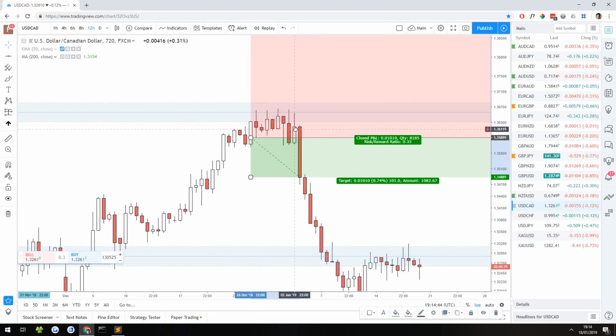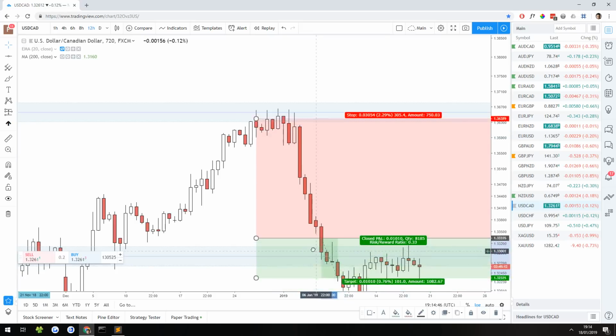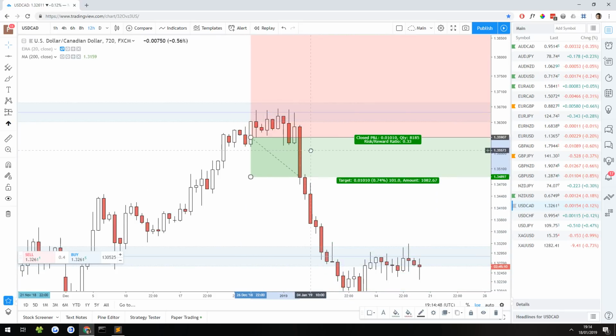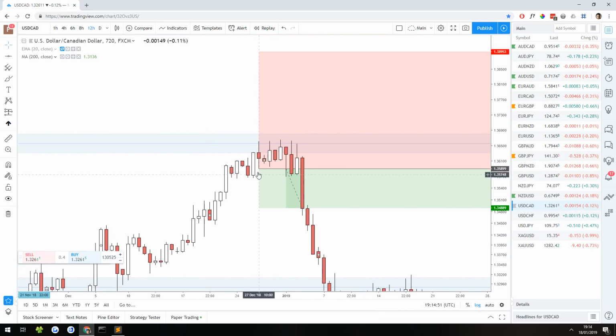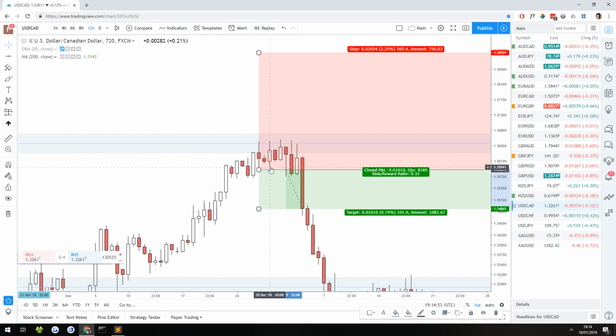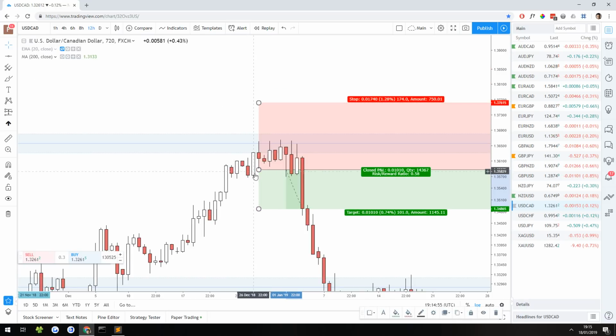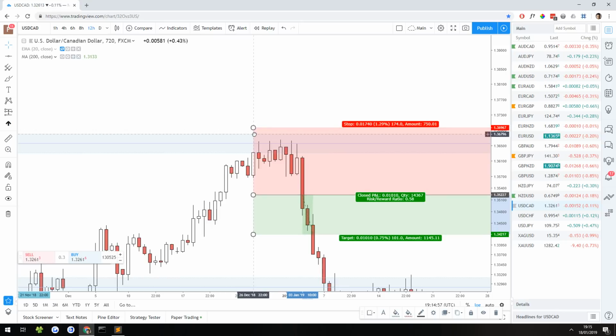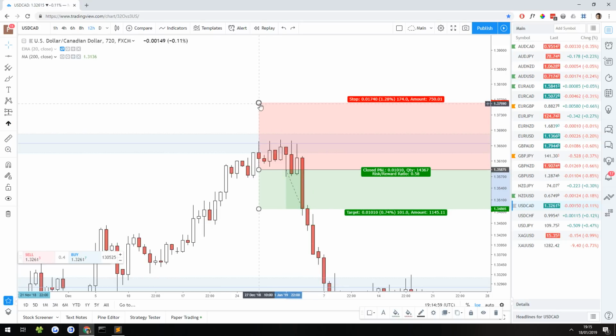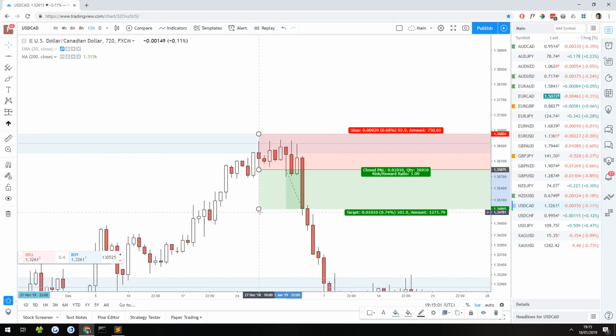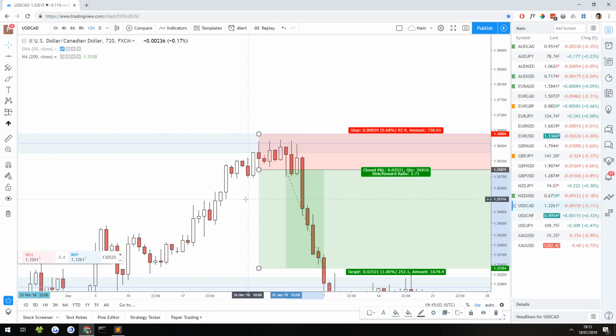So on a large scale, that's true, but also on the smaller scale. If our entry was below the low of this indecision candle here, which is one of the lowest lows, our stop loss is up here. That's an acceptable entry, let's say.